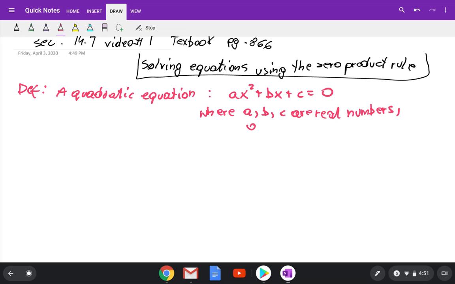And also what is important, a can't be 0, because if a is 0, you end up with the equation bx plus c equals 0, which is a linear equation.